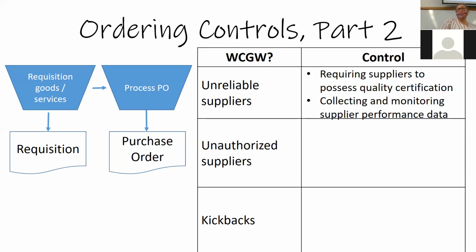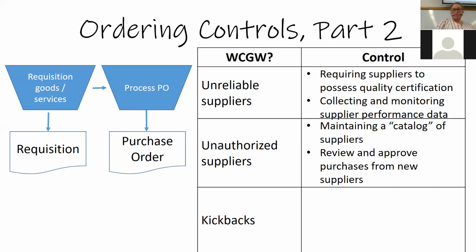I pay a contractor to mow and weed and edge my yard, and I've had to get a new one because the one I had last summer wasn't reliable, which meant I wasn't getting the services I needed on the time frame that I would have desired. So the controls there to prevent unreliable suppliers are only purchasing from suppliers who possess quality certifications and collecting and monitoring supplier performance data.